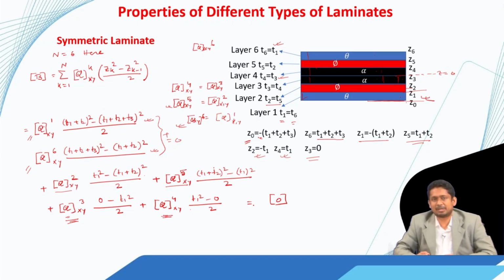That means there is no coupling between the in plane terms and out of plane terms. So, if you want to design a structure where this kind of coupling is not desired, then we can go for a symmetric layout. Now, many a time, especially when we want to do shape adaptive design or tailoring of some properties, we sometimes desire this B matrix to be present.